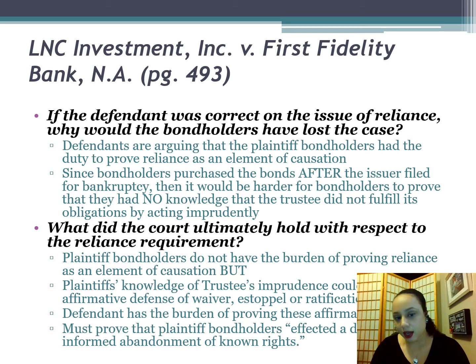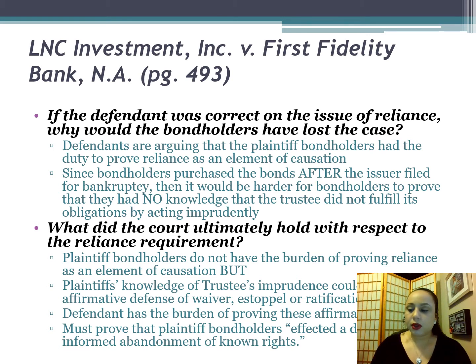As the case highlights, this is a higher burden to overcome. Okay, this is a higher burden to overcome because the defendant actually has to prove that the plaintiff bondholders completely had knowledge that they abandoned known rights.